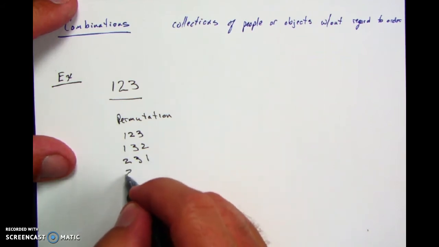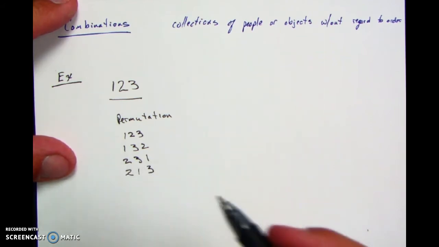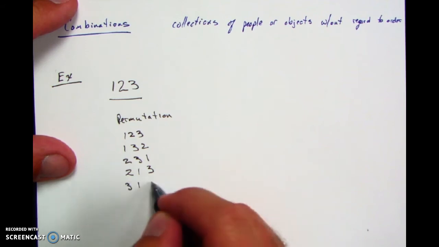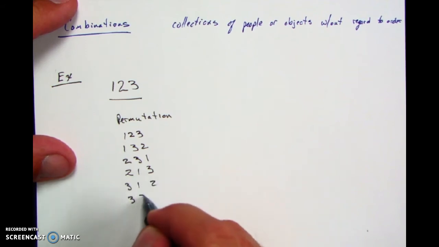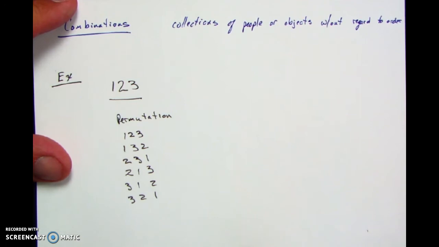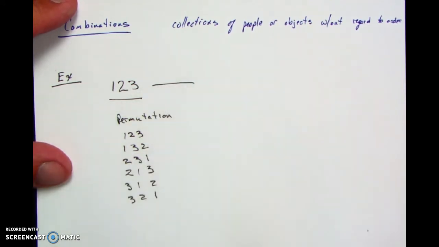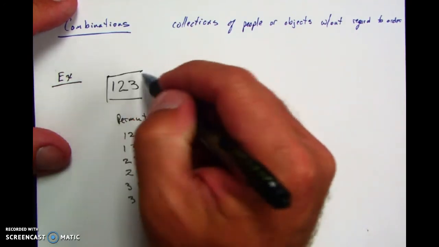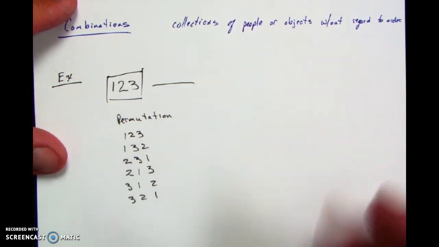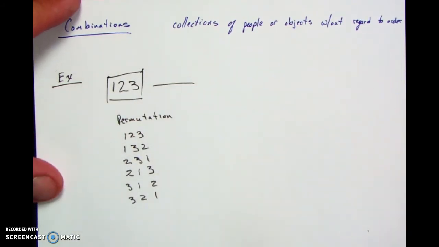I could also have 2, 1, 3. Or I could have 3, 1, 2, or 3, 2, 1. And those would all be different. But in a combination, we're saying the numbers 1, 2, and 3, regardless of the order, it's still those same three numbers, and the order doesn't make a difference.